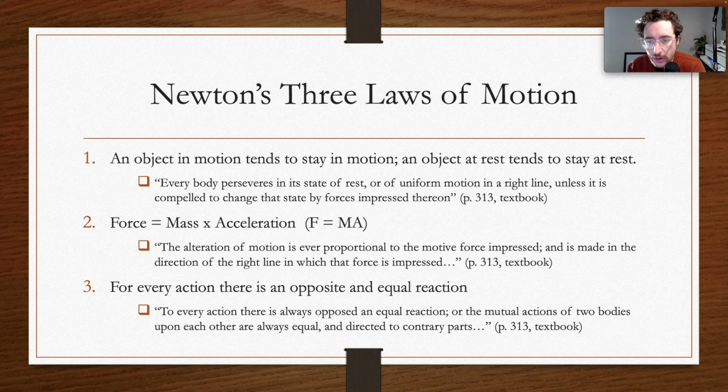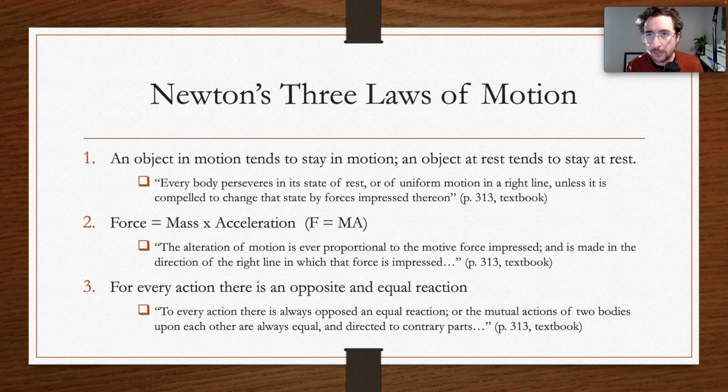Now, we're not going to go through the details of the mathematical elaboration that Newton does of these three laws, but I just want you to notice some of these general features. We have this appeal to force. We have this appeal to some outside force acting upon something. We have this idea of being able to describe one action, pushing against the wall, in two different ways.